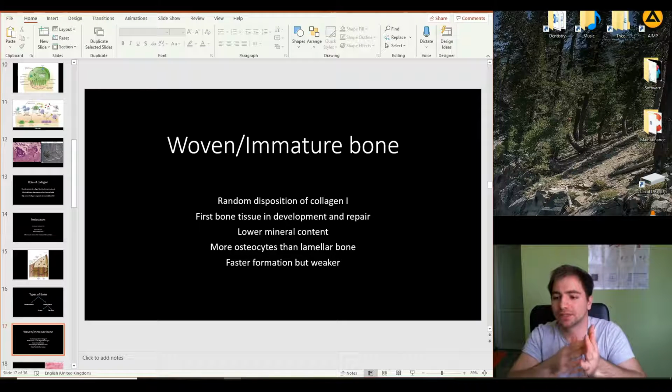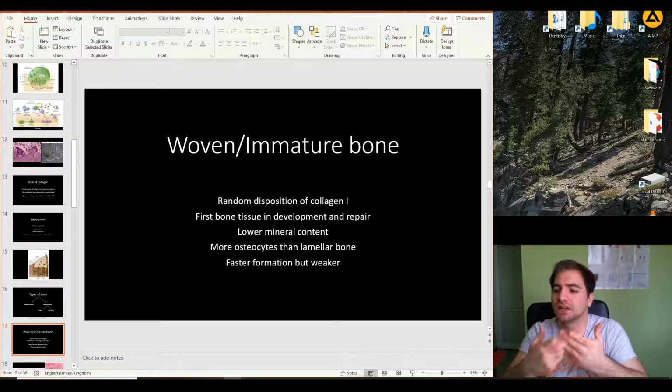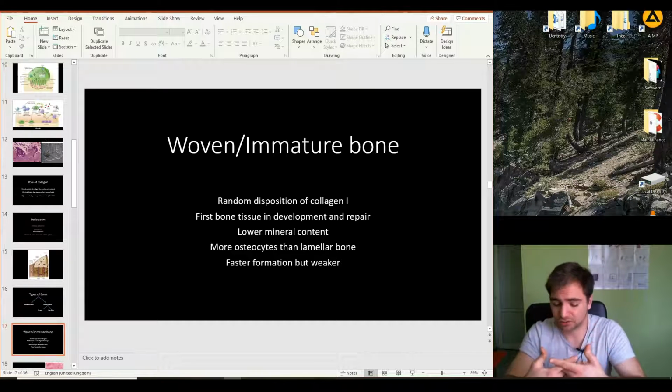Immature bone has a lower amount of hydroxyapatite than the mature bone. One more feature is that it contains more osteocytes, meaning that it has more cells and less minerals. This is why it's formed faster, but it's also weaker, because it has more cells, loosely and irregularly arranged collagen type 1 fibers, and less minerals within it.